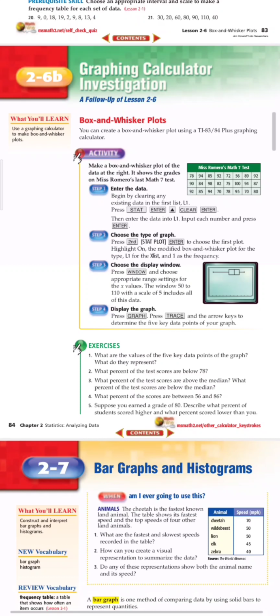What percentage of the scores are between 56 and 86? 5. Suppose you earned a grade of 78. Describe what percent of students scored higher and what percent scored lower than you.